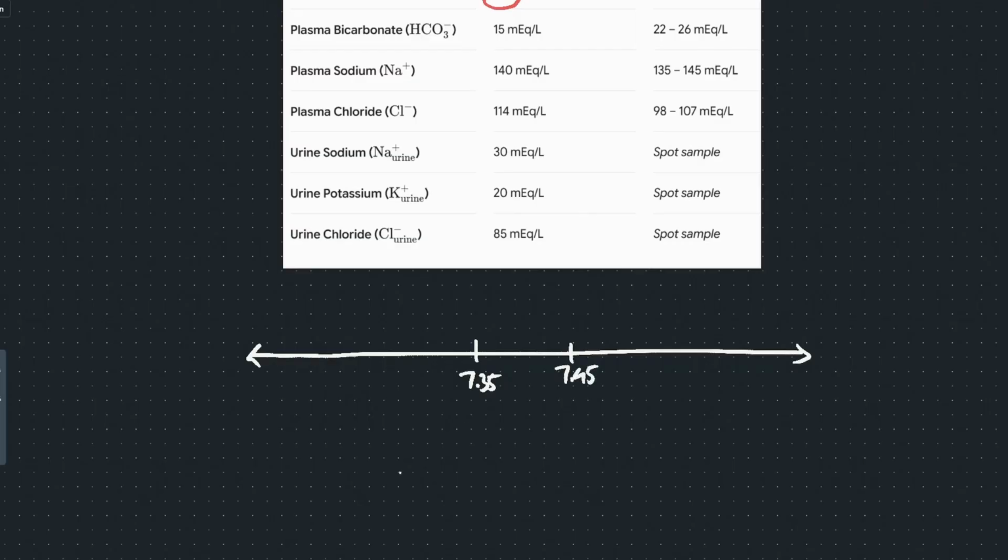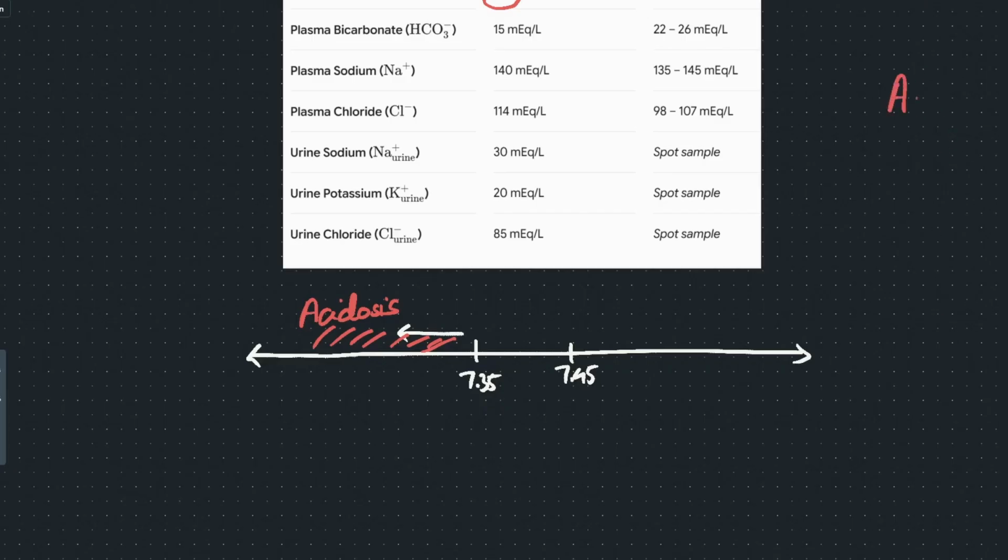If the pH of the blood or plasma is less than 7.35, it is called acidemia, and the pathological state that is causing this acidemia is called acidosis. This is the simplest definition of acidosis. So in this case, this is basically a case of acidosis.